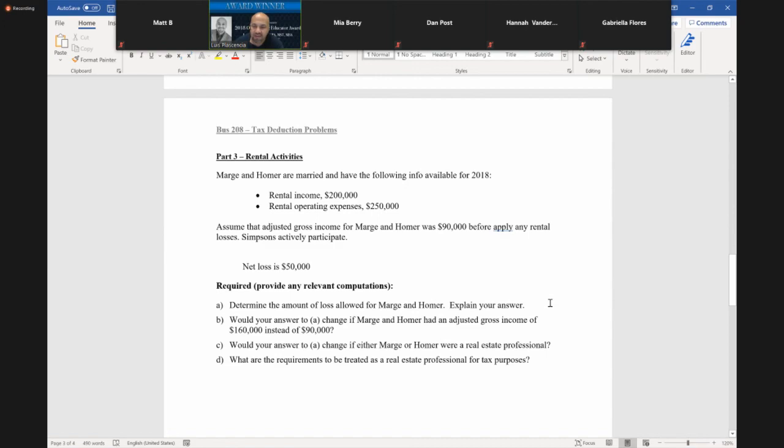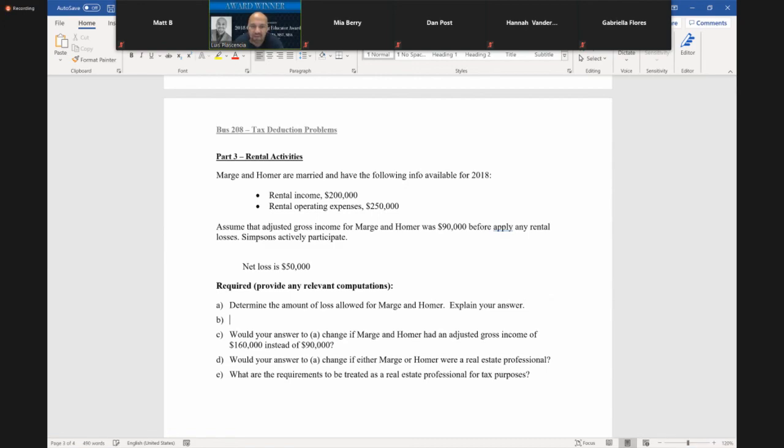Letter A: if they actively participate, what is the most they can deduct? Anybody want to volunteer an answer here? 25,000, right? The excess of 25,000 is carried forward. Actually, I don't like my explanation.